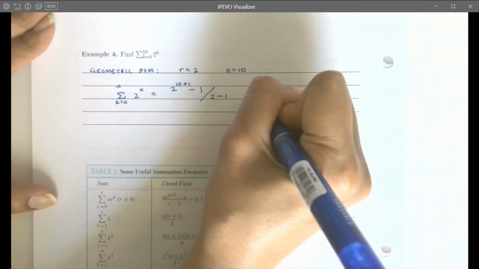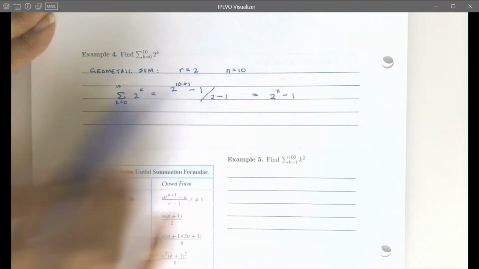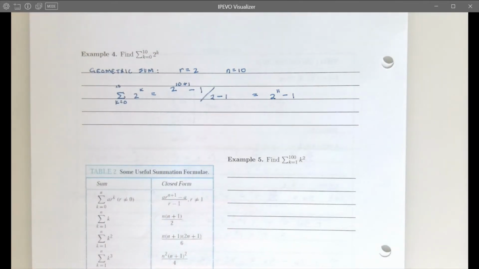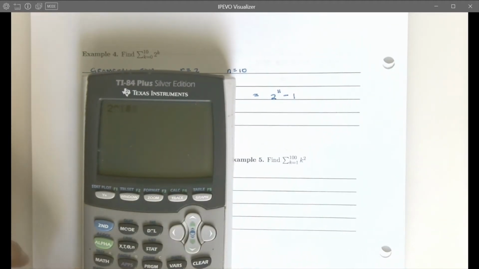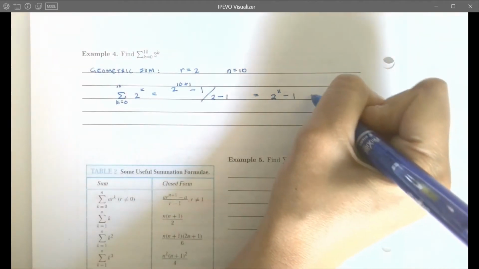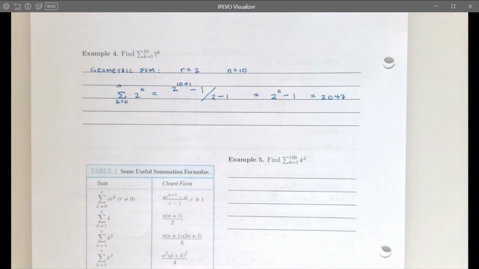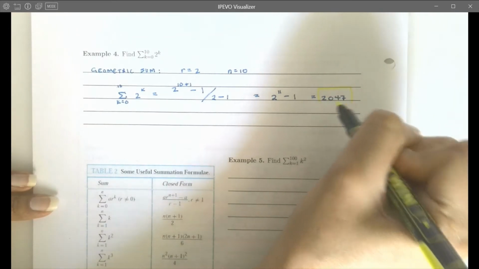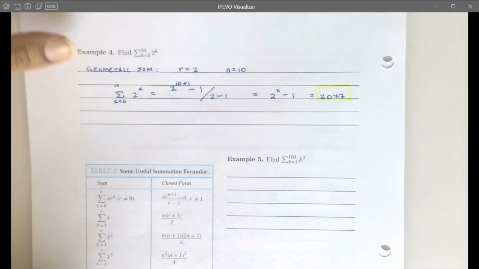So ultimately this simplifies to 2 to the 11 minus 1, because 2 minus 1 is just 1. And if you have your calculator handy, 2 to the 11 minus 1 is going to be 2047. This is much nicer than having to list out all of the terms and then add them together. This is a lot quicker, more compact, and cleaner.